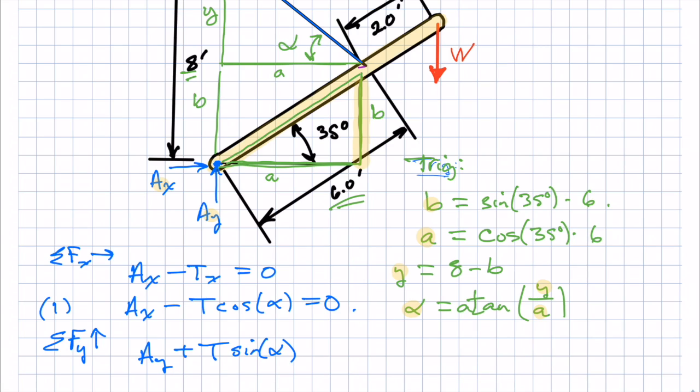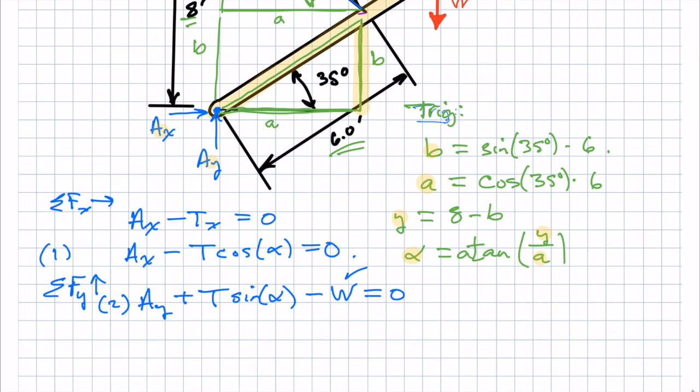And then I have the weight moving down, so that'd be minus W equals 0. So there's a second equation. W is known, alpha is known, but T is unknown, and AY is also not known. So at this point we have 2 equations but 3 unknowns. So we still need another equation.